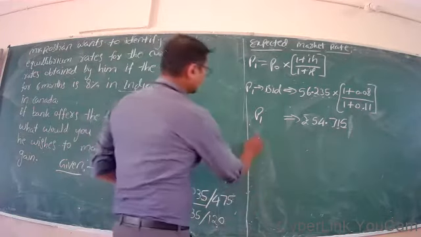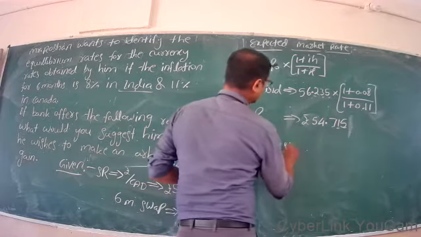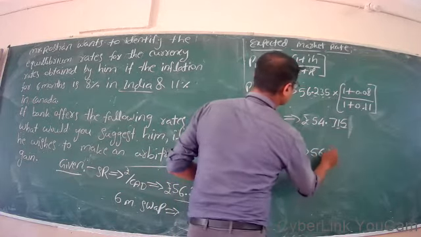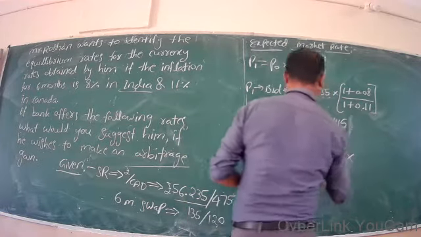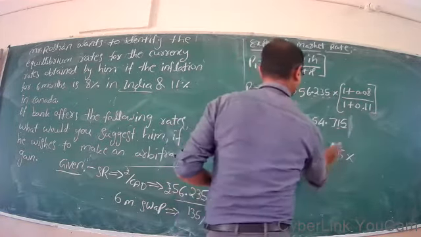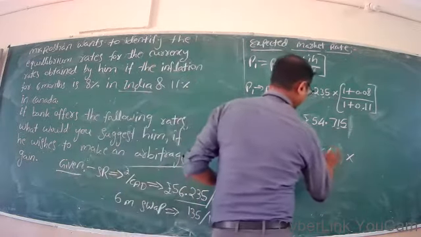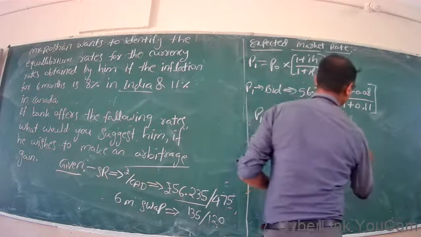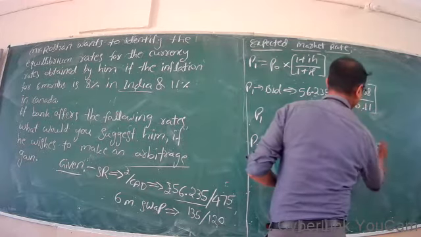Now P2 is the ask price. The spot rate is 56.475, the ask price, multiplied by 1.08 divided by 1.11.